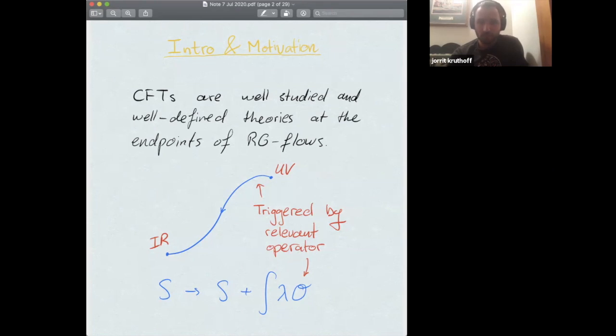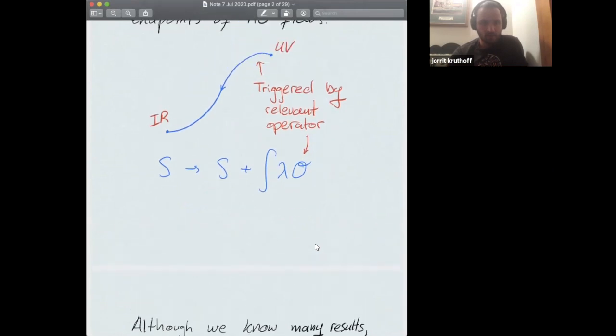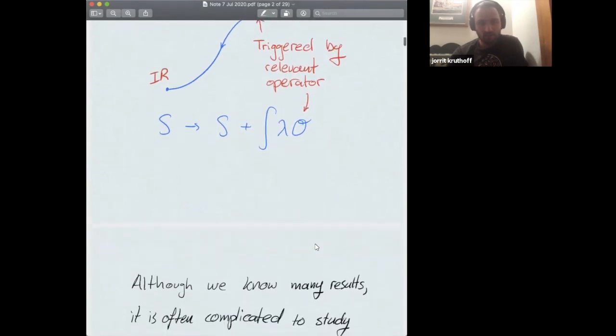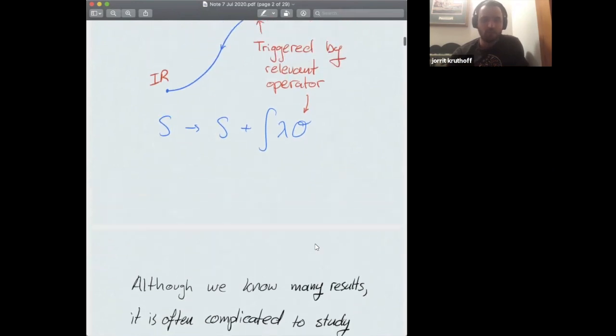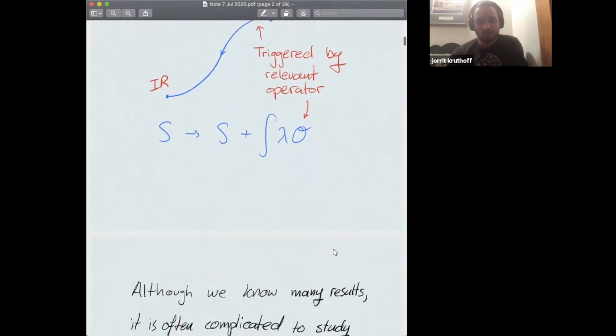So that's a well-known setup. In this case, it's very complicated to compute objects as a function of lambda non-perturbatively. Usually what we do is perturbation theory, computing certain observables away from the fixed point. In general, it's very hard to get non-perturbative statements that hold for arbitrary lambda.